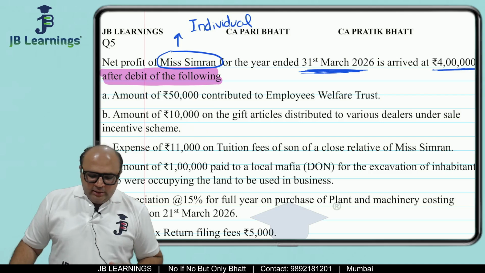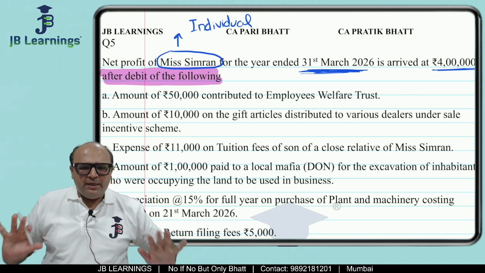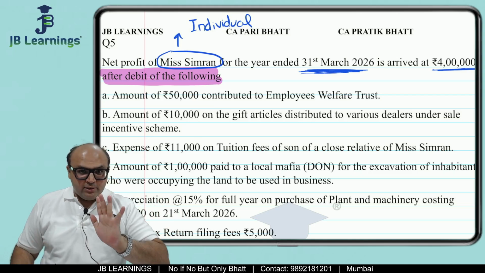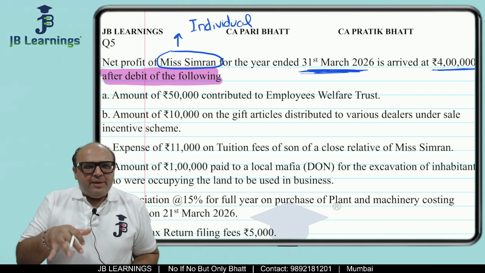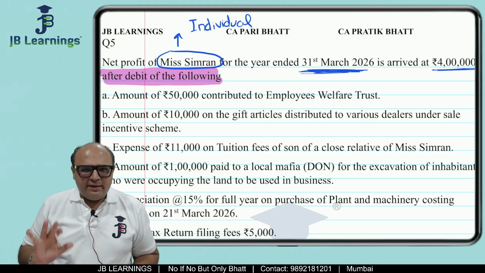Now see, this sum has become comparatively simpler, but there are new adjustments. So now all these are debits, so all this must be on the expenditure side, right?